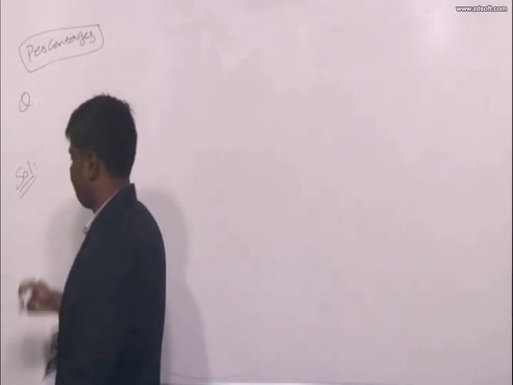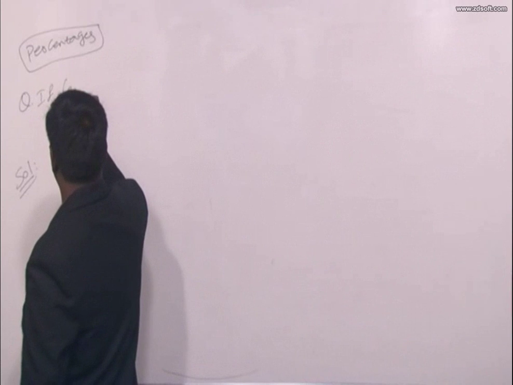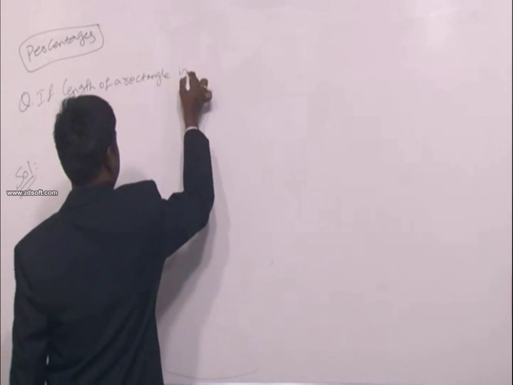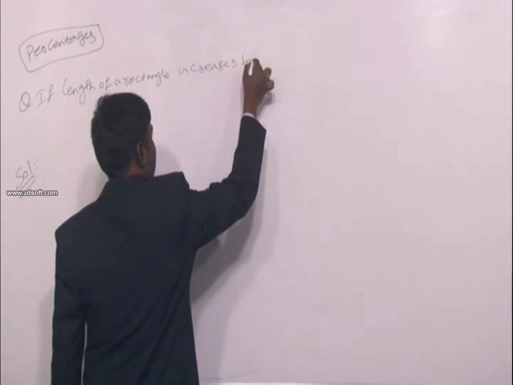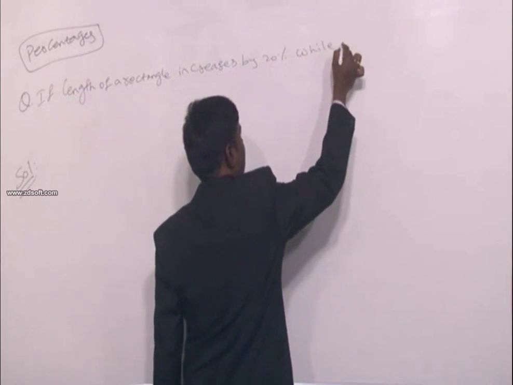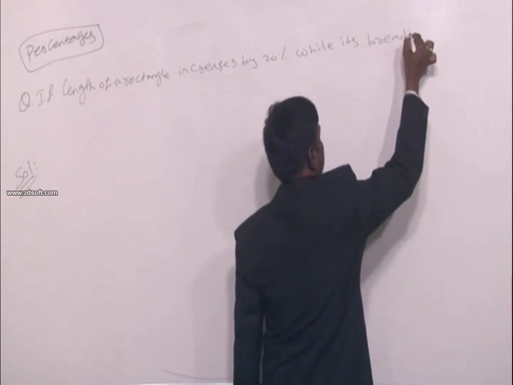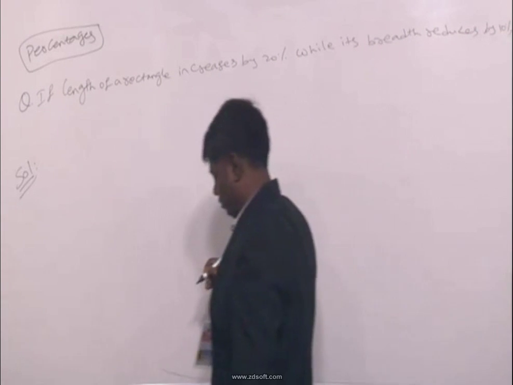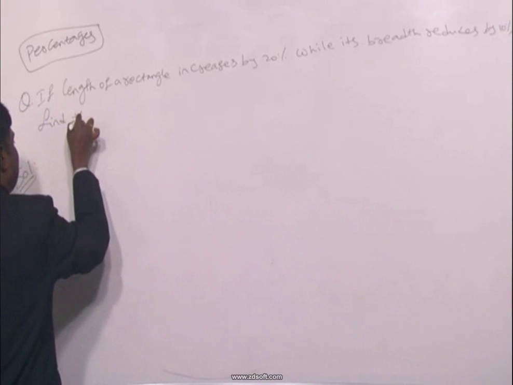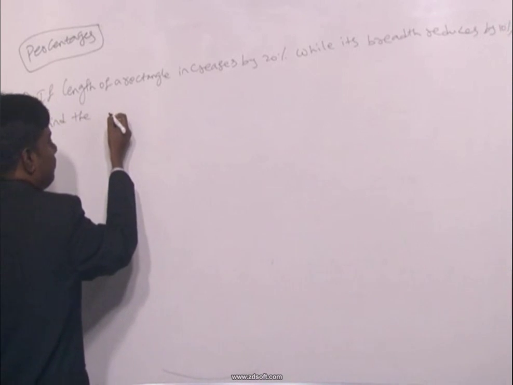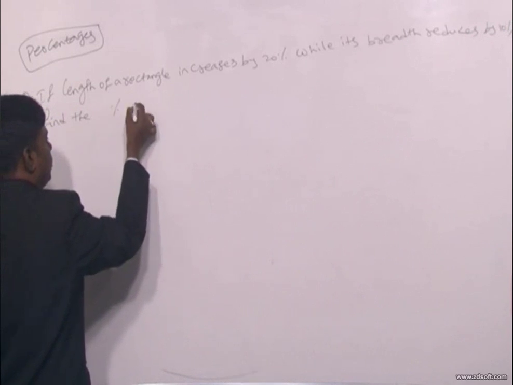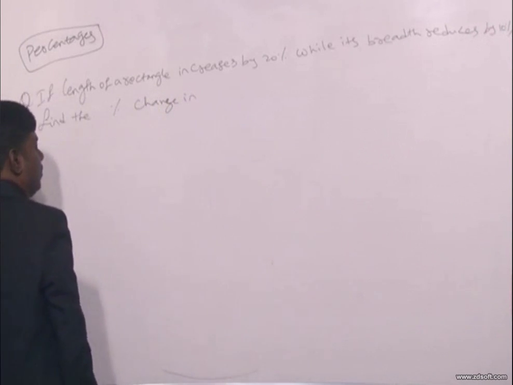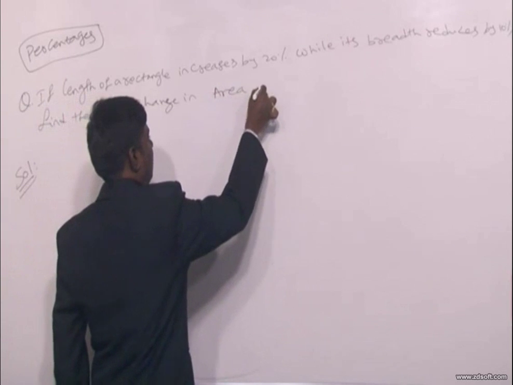Let us consider one last problem of this variety. If length of a rectangle increases by 20% while its breadth reduces by 10%, find the percentage change in area and perimeter.